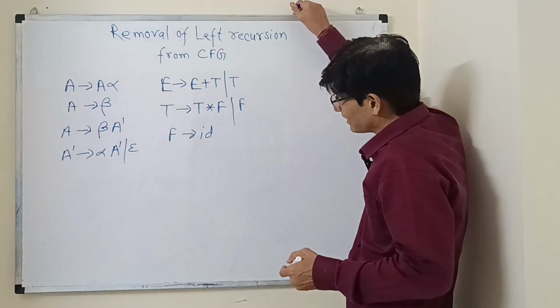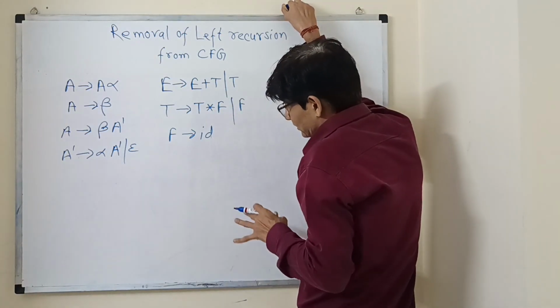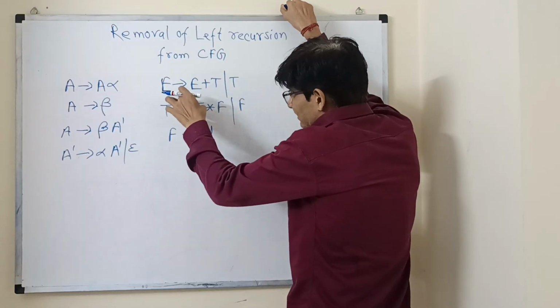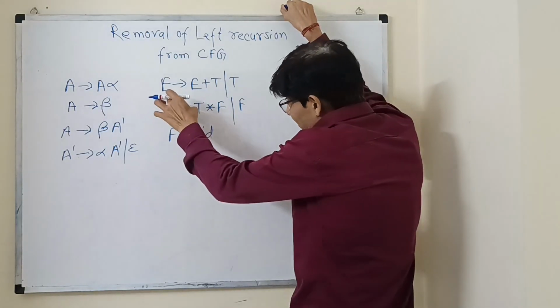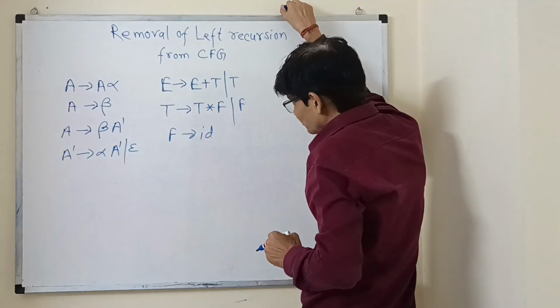First we will convert all productions of E into right recursive productions. You can see there is one production of E which is left recursive. E gives E plus T, and T gives T cross F is also a left recursive production.